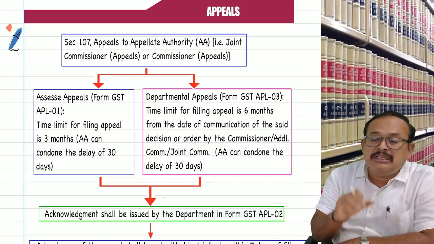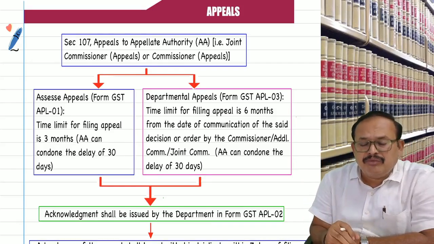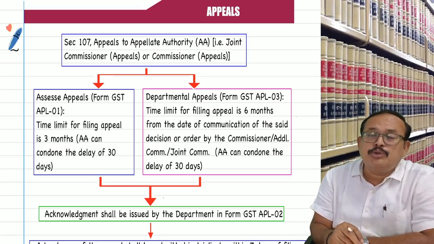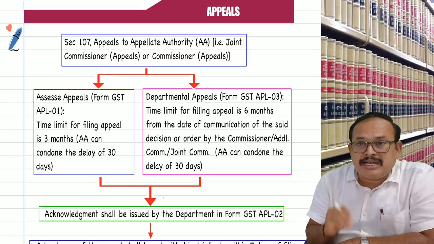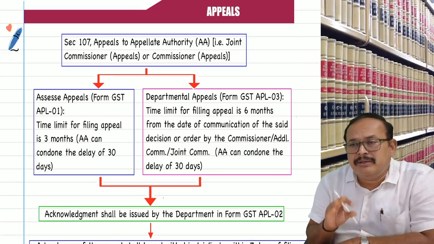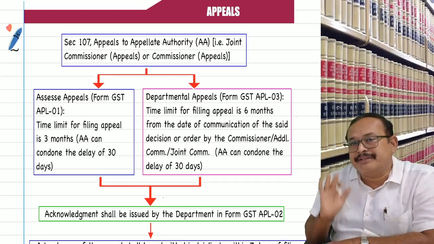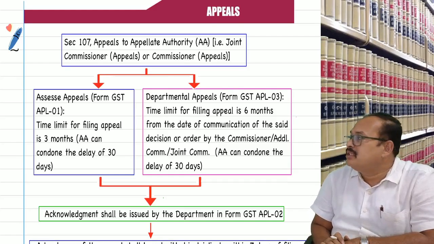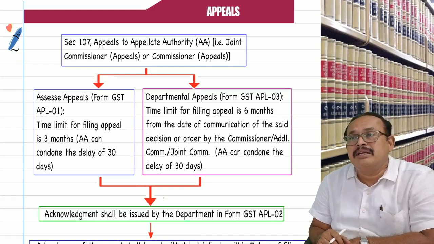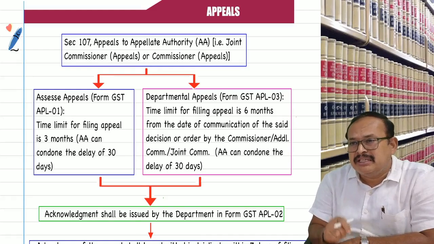For example, in the case where a show cause notice was issued by the superintendent for, let us say, 9 lakh rupees, up to 20 lakhs of total tax, who can issue? Superintendent. Now this superintendent issues the notice for 9 lakhs and passes the order, dropping the demand, with which the department officer, the higher authority, namely the revision authority, namely joint commissioner appeals or additional commissioner appeals, is not satisfied.